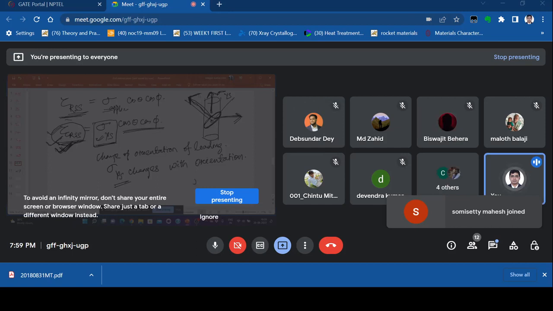But the multiplication of this is constant always. So if we change the orientation, this sigma ys, yield strength, will change depending upon the orientation, but this is always constant. So remember this. This is a material property. This doesn't change.